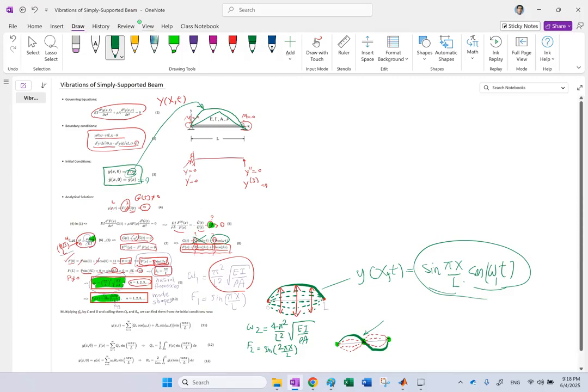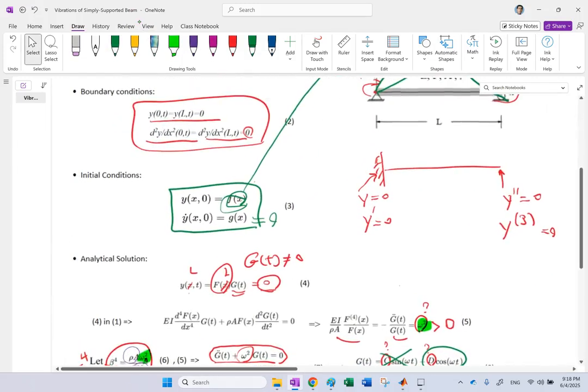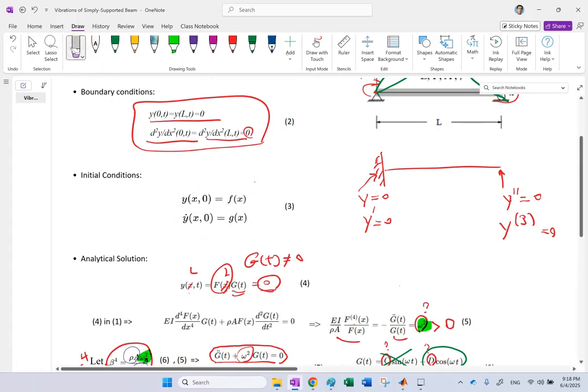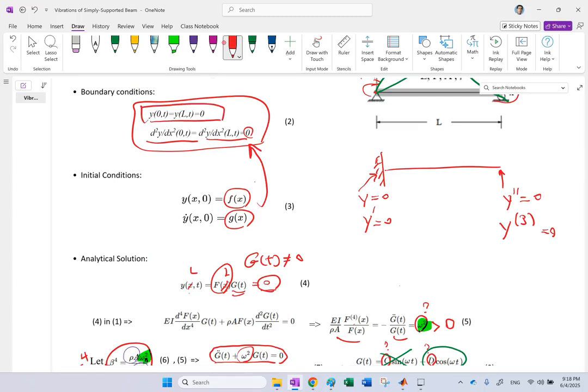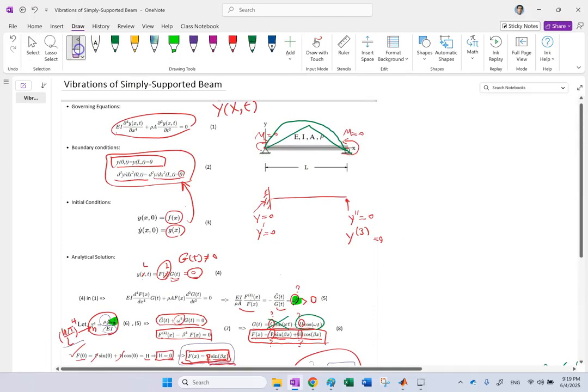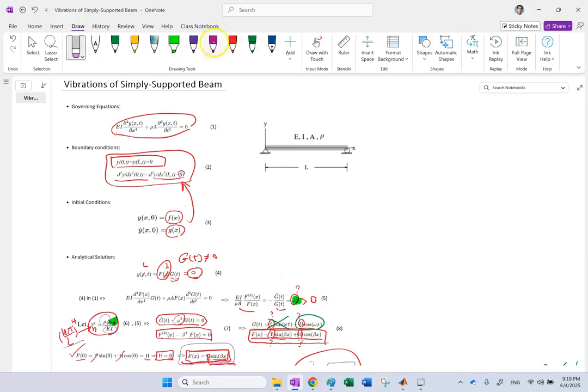One very important thing you have to consider is this. Whatever function you provide for f of x and g of x, you need to make sure these functions will satisfy these boundary conditions, especially these two. Okay, so you cannot give it an initial f of x that does not go to 0 at the two endpoints. You cannot give it something like this, for instance.